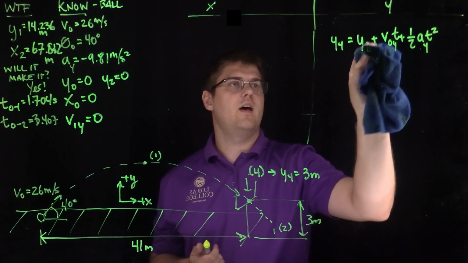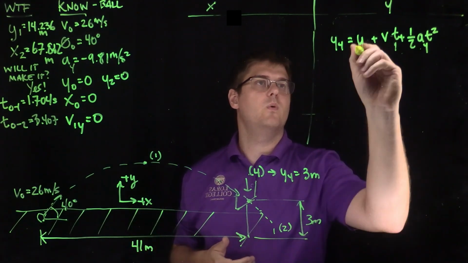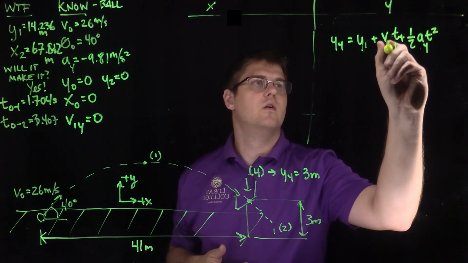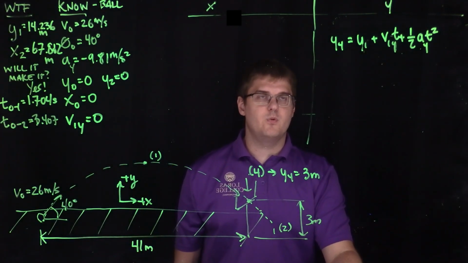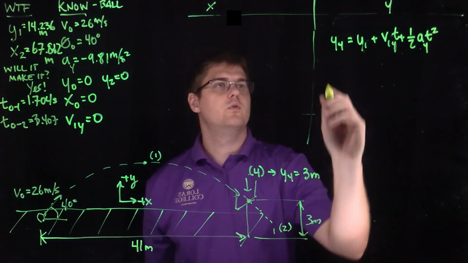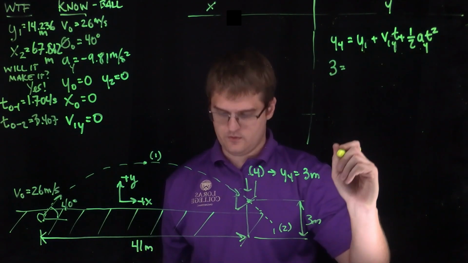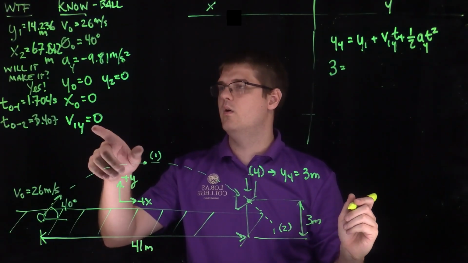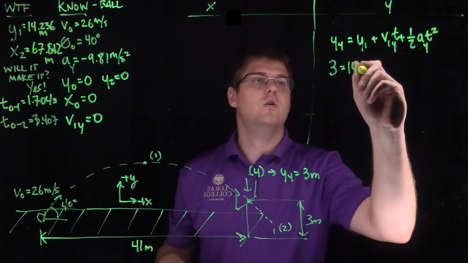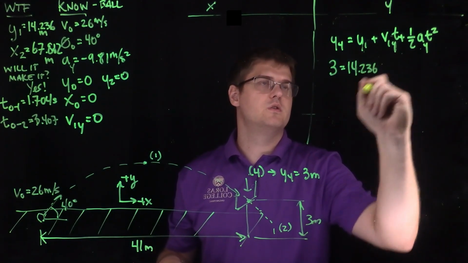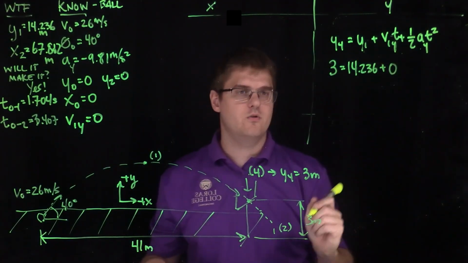What we're going to do instead is we have this lovely high point. So we can find the difference between 4 and 1. We can say that 3 meters is going to be this high point, 14.236 meters, plus velocity 1 in the y is 0, so that goes away.